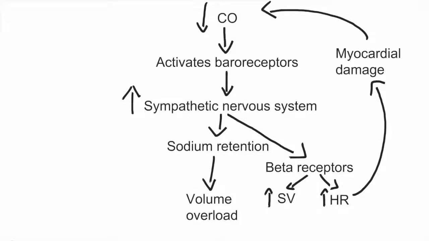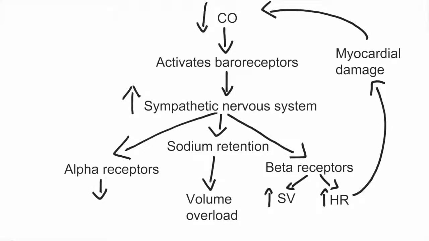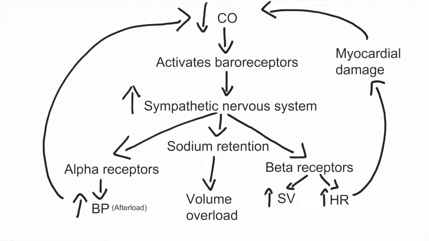The third effect of the sympathetic nervous system, important in the pathophysiology of congestive heart failure, is activation of alpha receptors. Activation of alpha receptors leads to increased blood pressure, which can also be thought of as afterload. And this increase in blood pressure or afterload can further depress cardiac output, causing a vicious cycle.